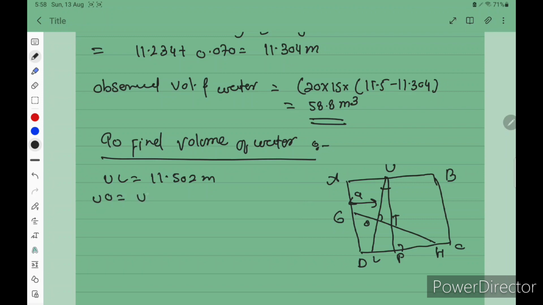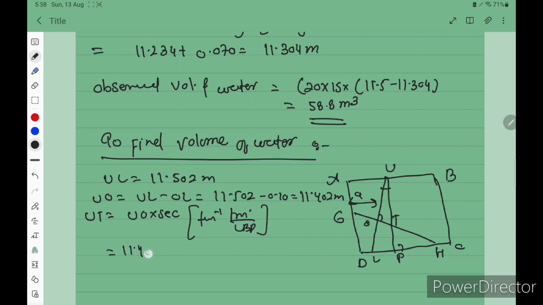So UO is equal to UL minus OL, so 11.502 minus 0.10 is equal to 11.402 meters. Now UT is equal to UO into sec theta inverse, trim by LBP.